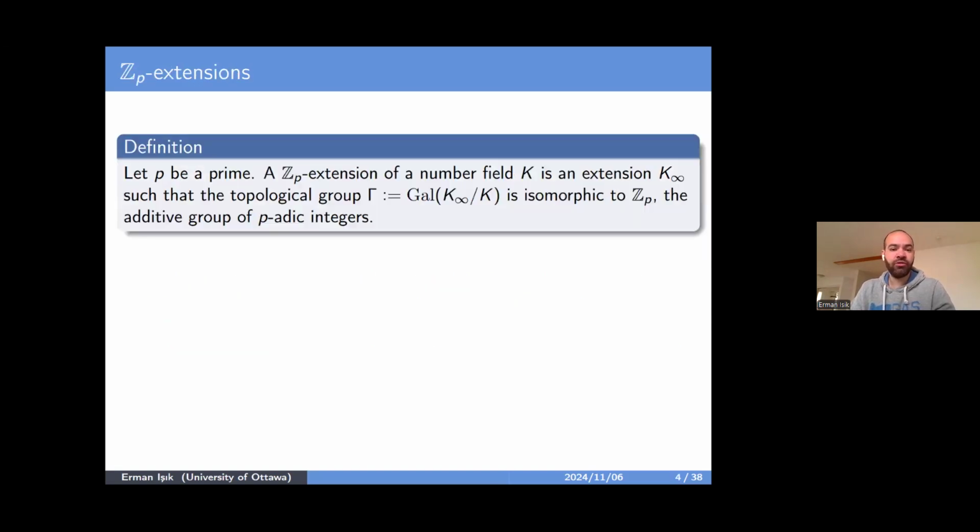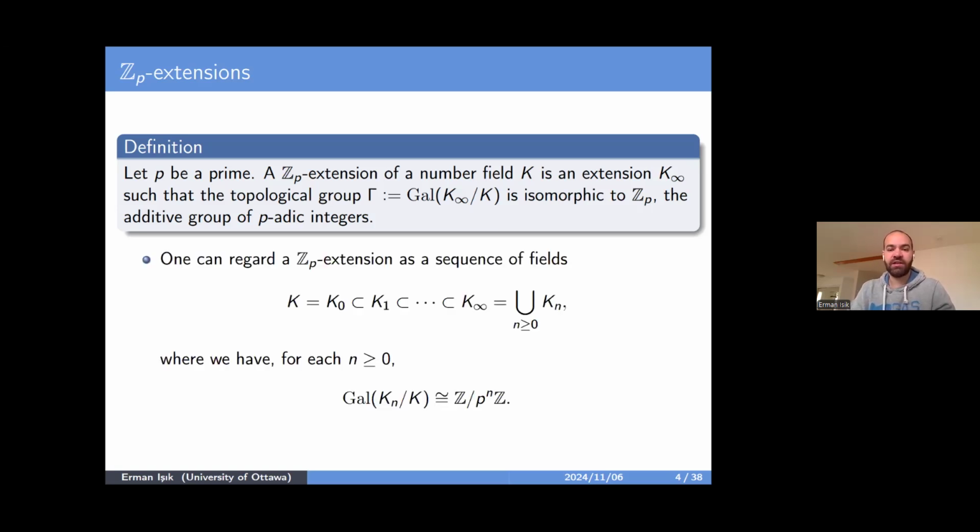And the tower I'm talking about is a Z_p-extension, which is an extension of K, my number field, whose Galois group is isomorphic to the additive group of p-adic integers. If we have such an extension, we can regard it as a sequence of fields where at every layer the Galois group is isomorphic to Z/p^nZ.